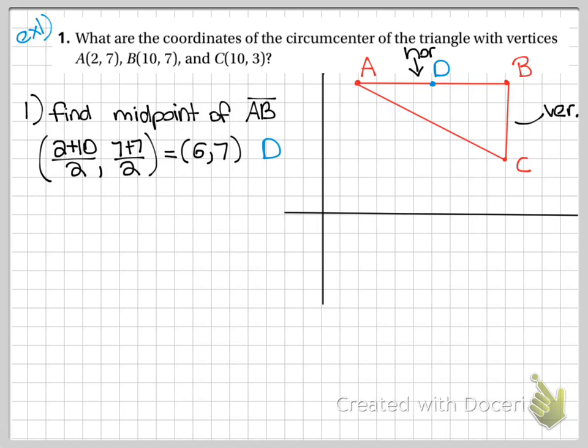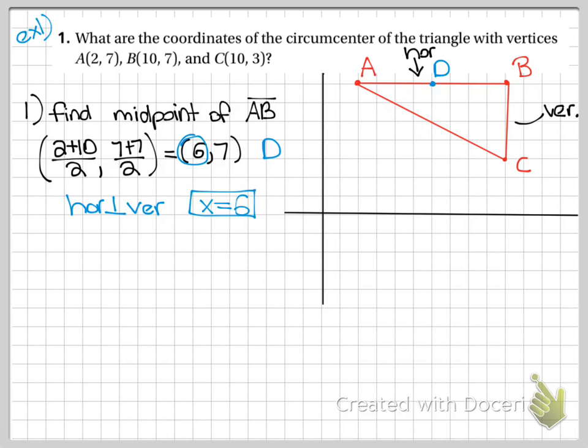All right. Next, I want to write the equation of a line that's perpendicular to AB and goes through point D. We know that a line perpendicular to a horizontal line is just going to be a vertical line, so that's going to be the equation x equals something. Since in our midpoint x is 6, that's going to be the equation x equals 6.